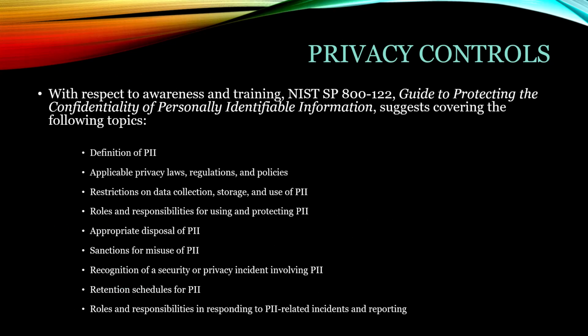So with respect to awareness and training, there is also the NIST 800-122 Guide to Protecting the Confidentiality of PII, which suggests covering the following topics: things like the definition of PII, applicable laws, regulations, policies, guidelines, restrictions of data processing, collection, storage, transmitting, and processing of PII, roles and responsibilities, retention and disposal or destruction, misuse, recognition of incidents involving security and or privacy, dealing directly with PII, again retention, roles and responsibilities in responding to incidents, and reporting for both internal and external auditing bodies as they relate to PII.